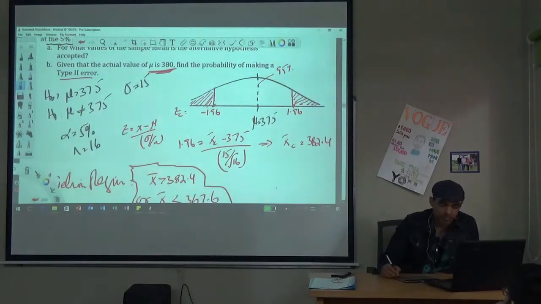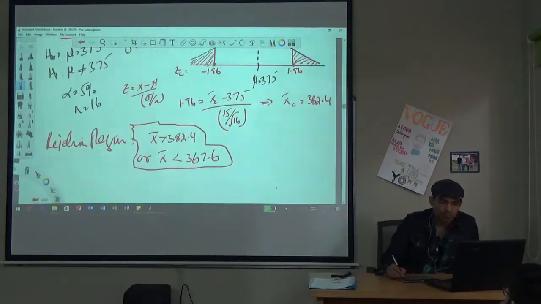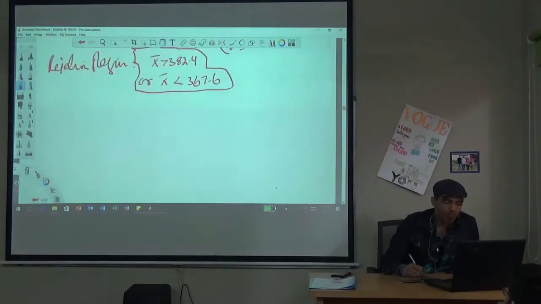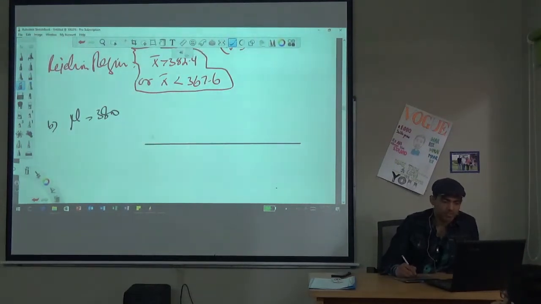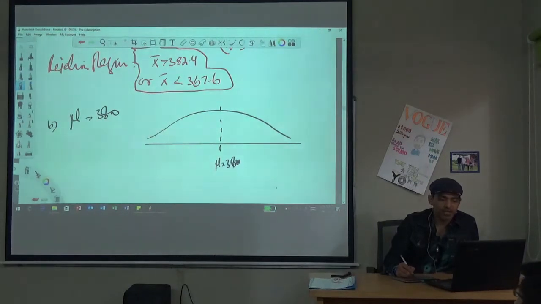So this is what you're going to do. The new mean, the actual mean, is 380. And you already know what the acceptance region is. The new mean is right here, 380, along with the acceptance region.